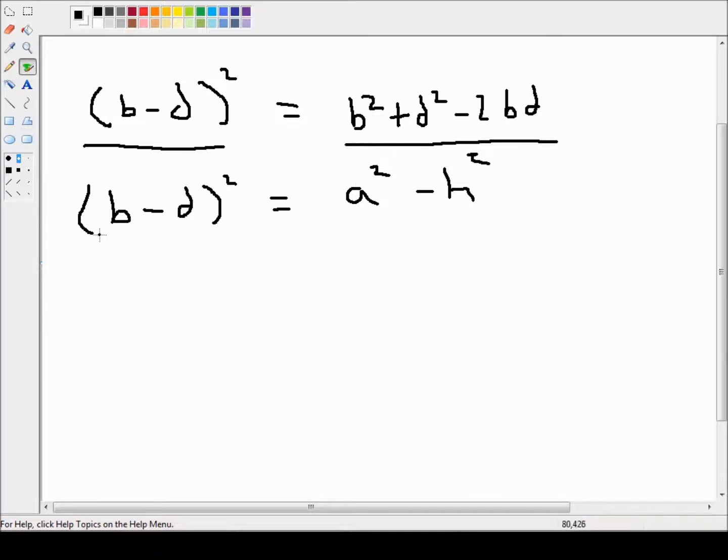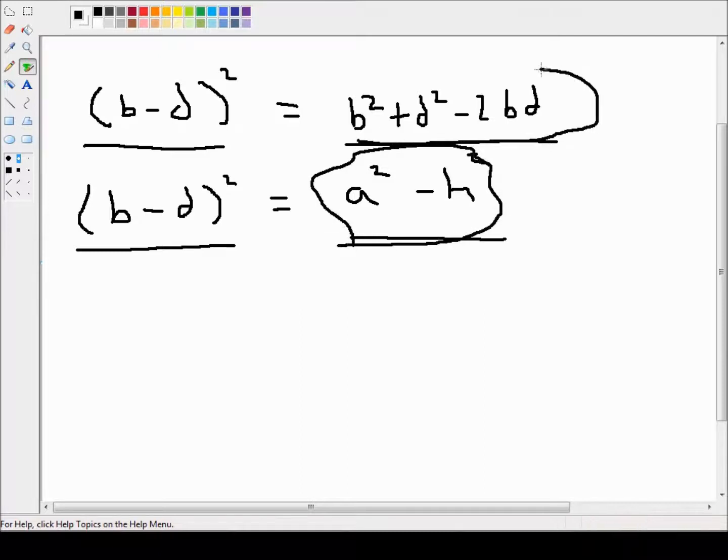And we already know that (b minus d) squared is equal to a squared minus h squared. And what we're saying is if this and this are both equal to the same thing, then they must both be equal to each other.